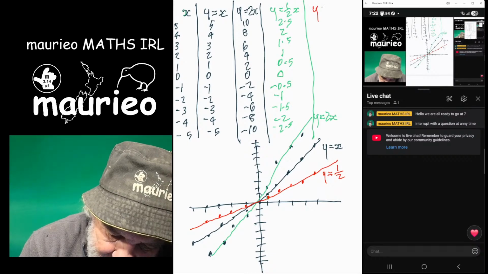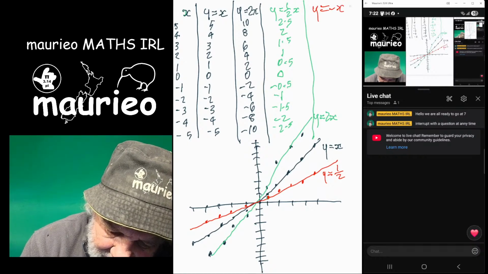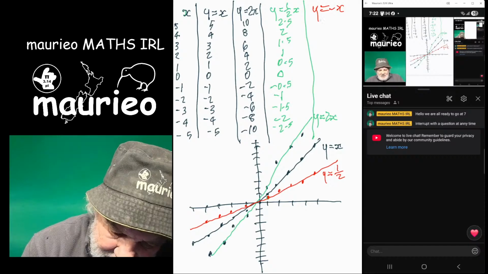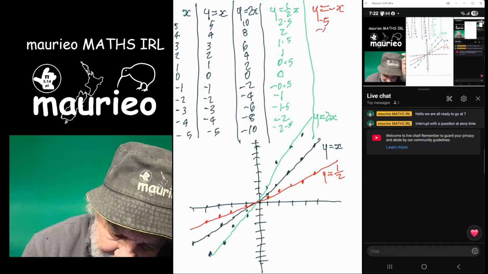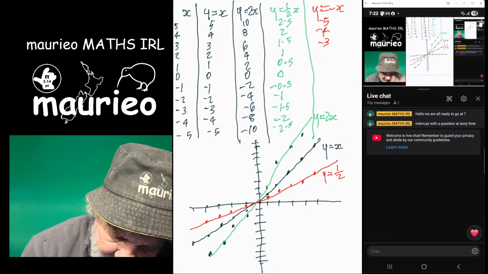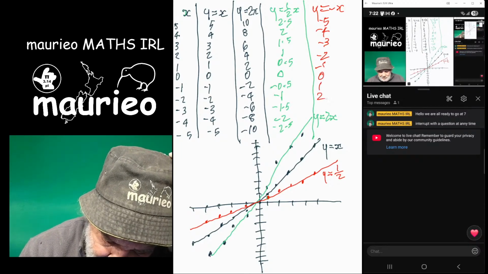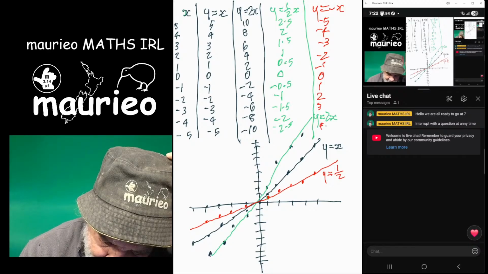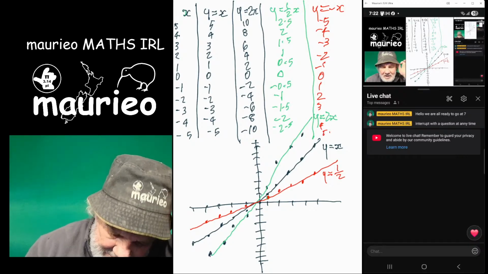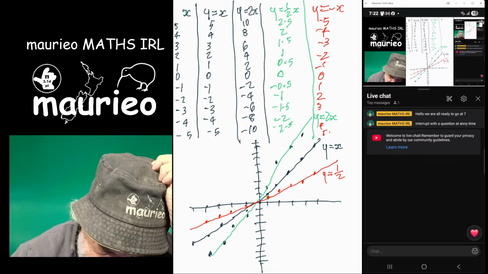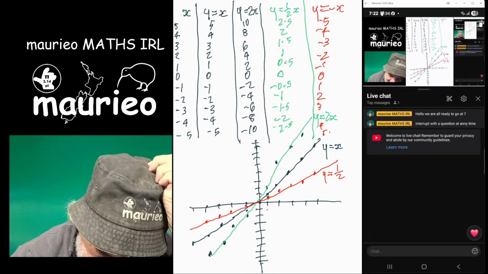It's going to be y equals negative x. So that's just going to go negative 5, negative 4, negative 3, negative 2, negative 1, 0, 1, 2, 3, for instance 4, 5. And what you'll see there is y equals negative x.